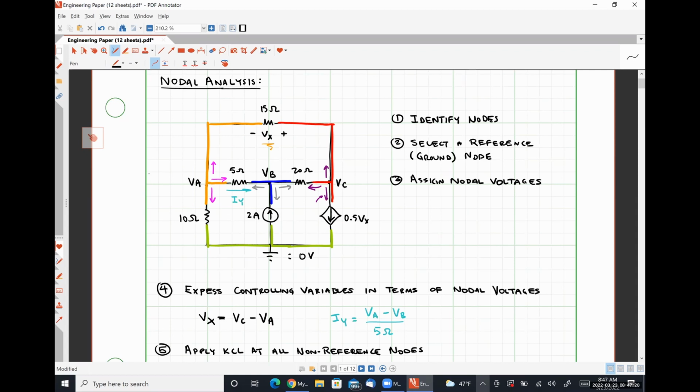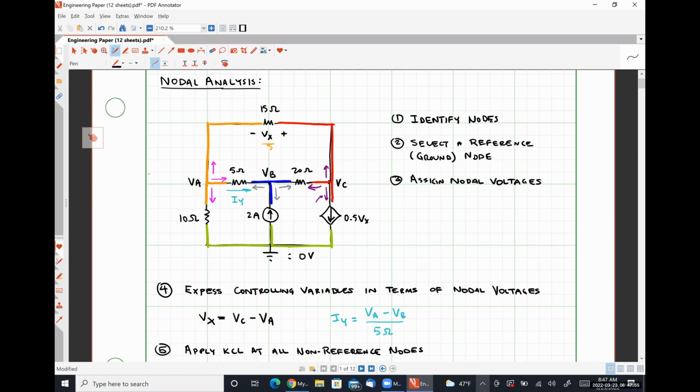So the positive polarity terminal of Vx is associated with the red node, right? Which has a nodal voltage of Vc. The negative polarity terminal is associated with the orange node, which has a nodal voltage of VA. So it's the positive polarity terminal nodal voltage minus the negative polarity terminal nodal voltage, which in this case is simply Vc minus VA.